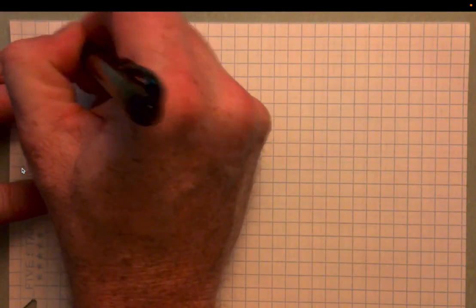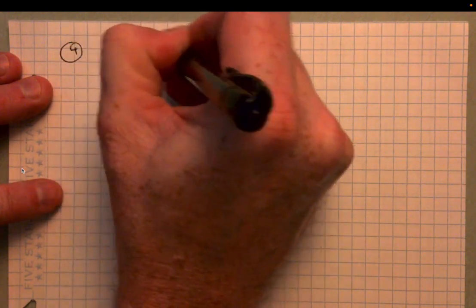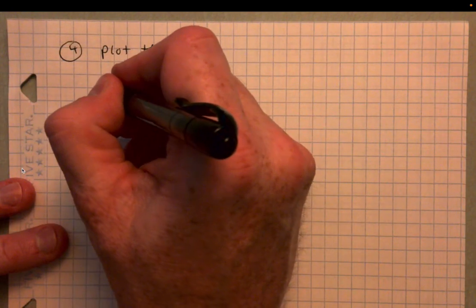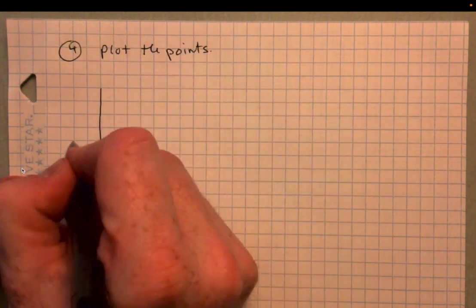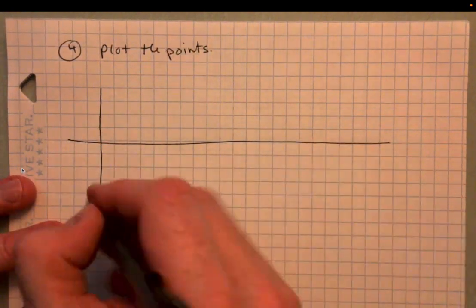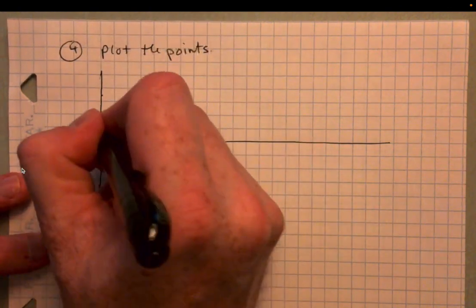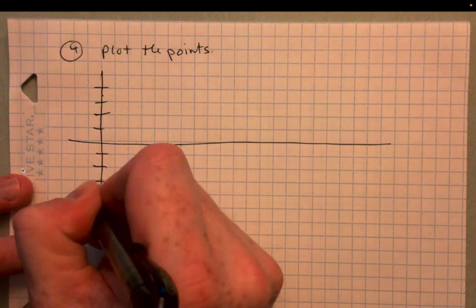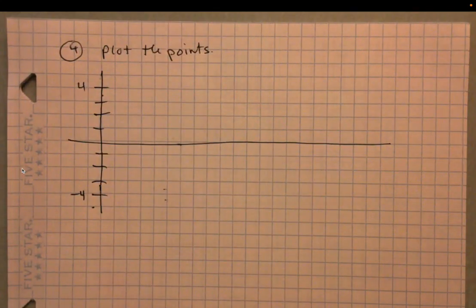Let's try to draw this out and see what kind of trouble we can come up with. So step 4 is to plot the points. Make sure I give myself 1, 2, 3, 4. It goes up to 4 and down to -4. Okay.